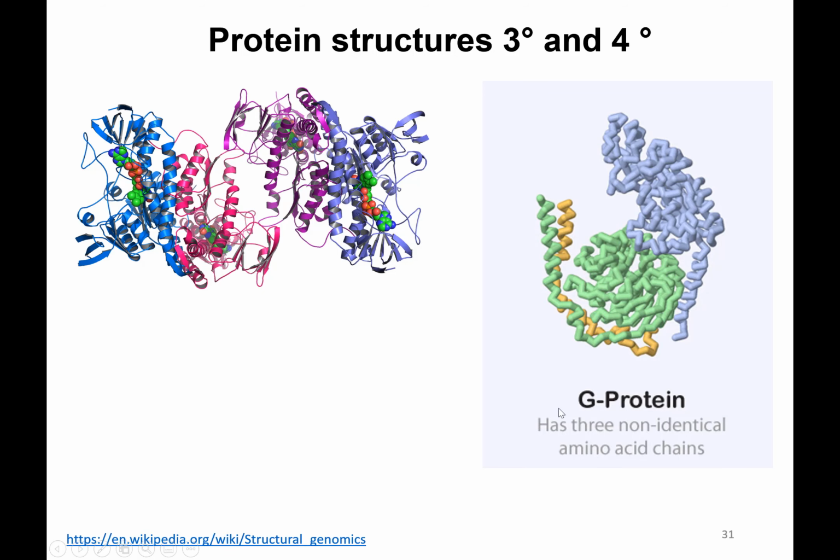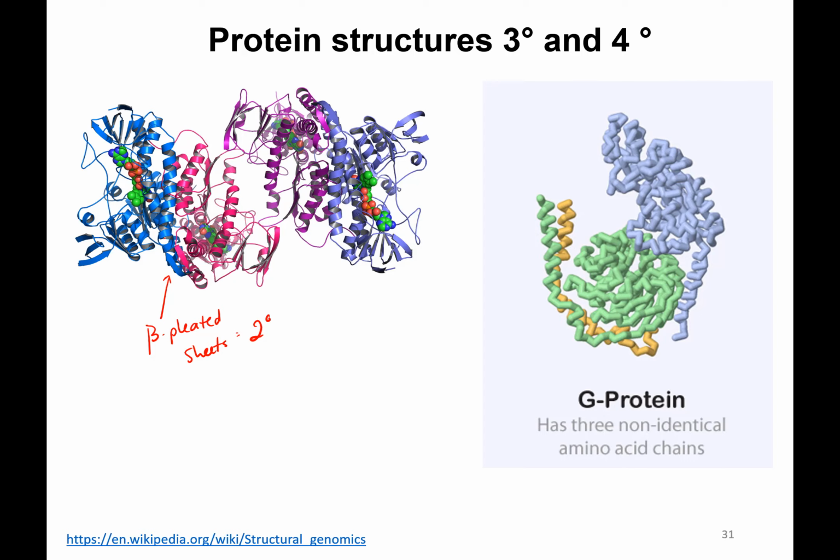This is an example of tertiary and quaternary structure. So first let me point out that these flat arrows represent the beta-pleated sheets, and that's secondary structure.